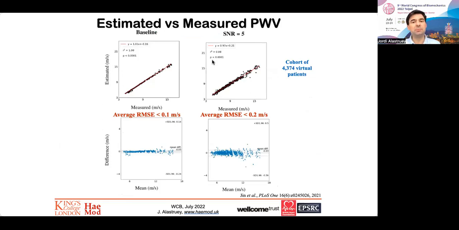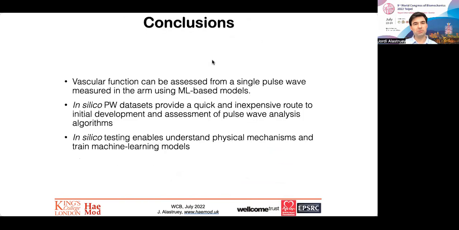This increased to 0.2 meters per second when 20% of random noise was added to the pressure waveform. These results show the possibility of assessing arterial stiffness using a single peripheral pulse wave instead of the two-point carotid-femoral method. To conclude, our results suggest that vascular function can be assessed from a single pulse wave measure in the arm using machine learning-based pulse wave models.